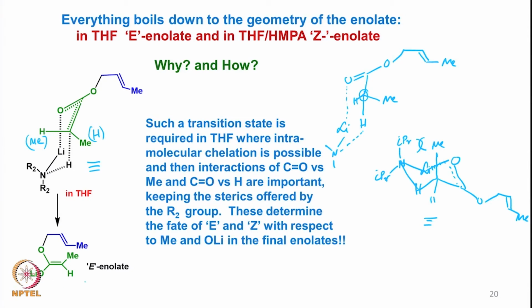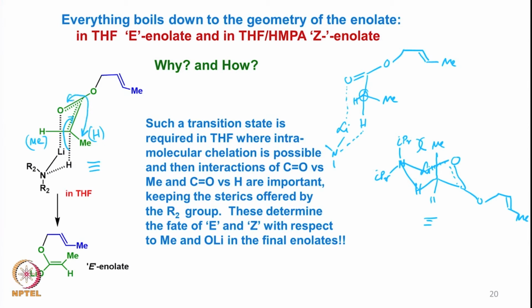of the E-enolate. So, this E-enolate is formed because now the double bond is being formed here, and therefore the enolate oxygen comes in here, and the methyl and the oxygen are opposite to each other.